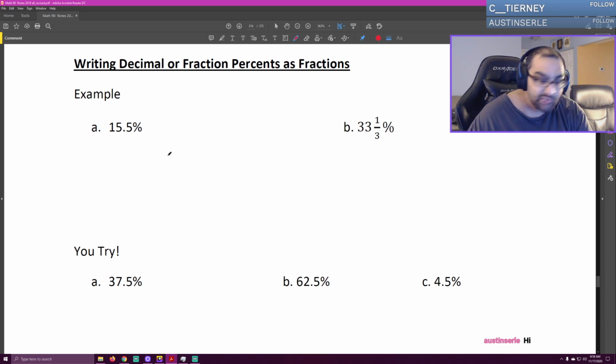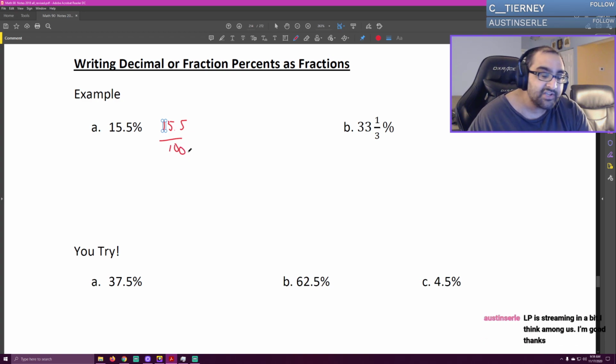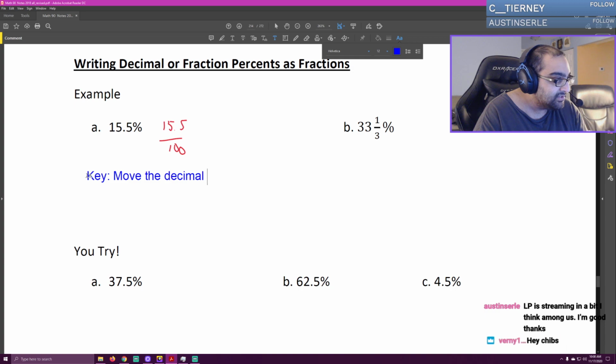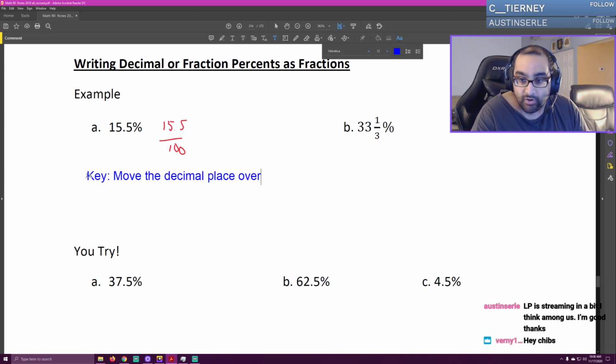Well, let's go ahead and show exactly what will happen. What's the key here? In this case, you could write it as 15.5 over 100. That part is still kind of true. But this is pretty awkward to work with because you have a decimal, and reducing with a decimal here is very, very strange. Instead, the key behind this process is to move the decimal place over.